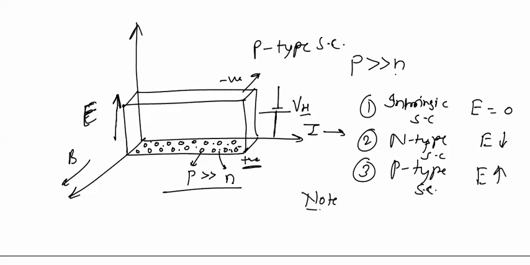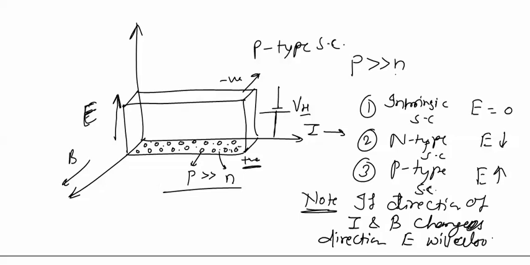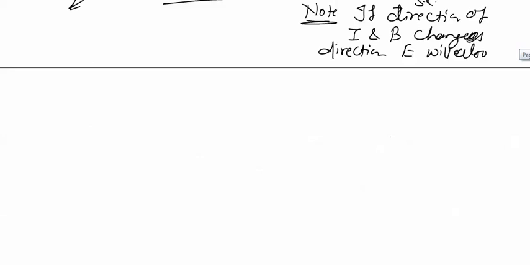Note: if direction of I and B changes, direction of E will also change. So this was exactly what is happening in the material when a current carrying material is placed in transverse magnetic field.